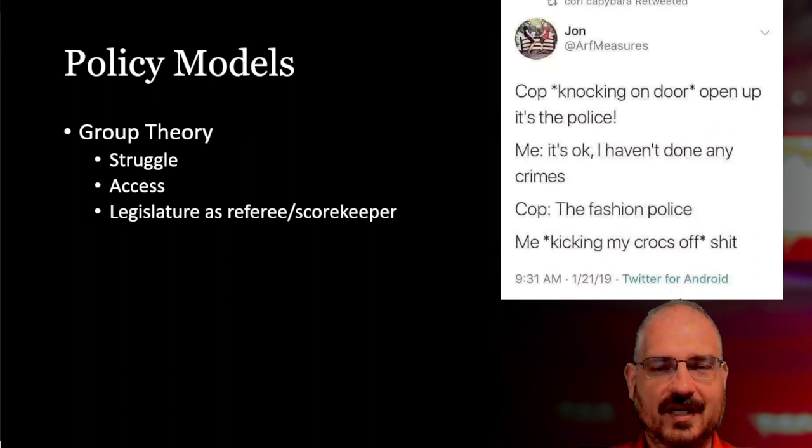And then the legislature or the president or the courts or whoever is just there to referee that struggle between groups, determine a winner and pass a policy based on which group does the best job of pushing their particular group's interests.